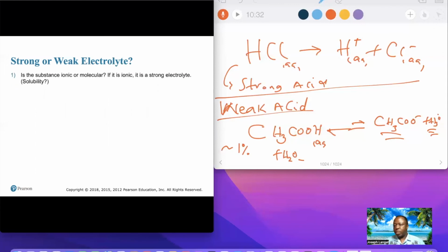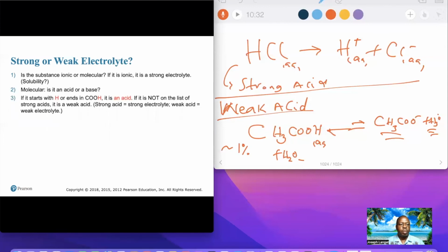Now, I think we talked about strong electrolytes earlier on. I don't want to go back to that, but remember in this section, strong acids are always strong electrolytes. Weak acids are always weak electrolytes, all right?